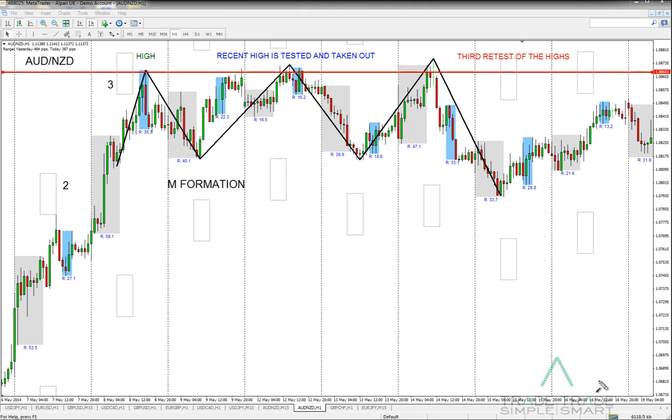But this is something again you're going to learn later on in the course, but for now, just be aware that the testing and the taking out of a level can occur more than once.